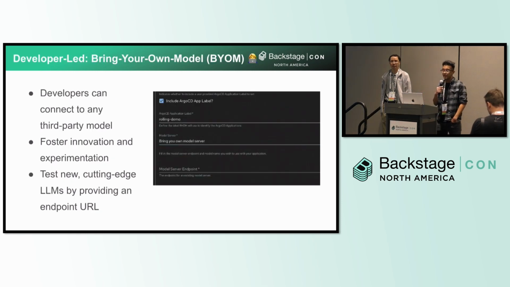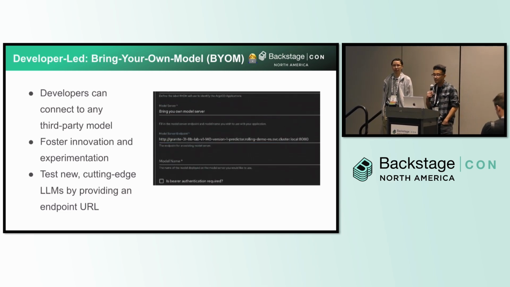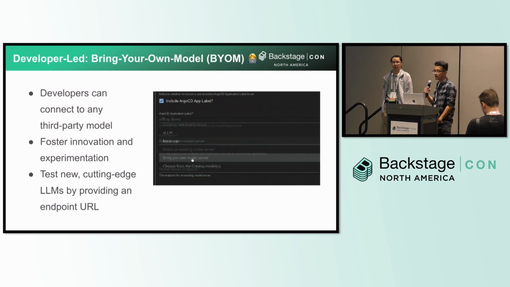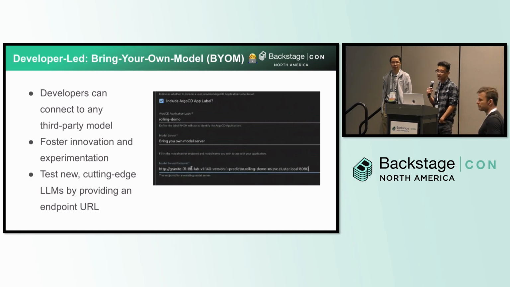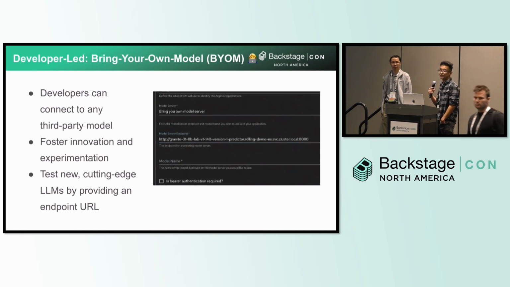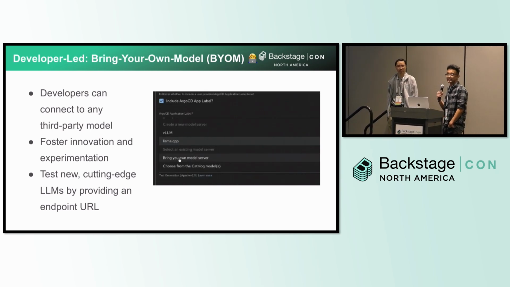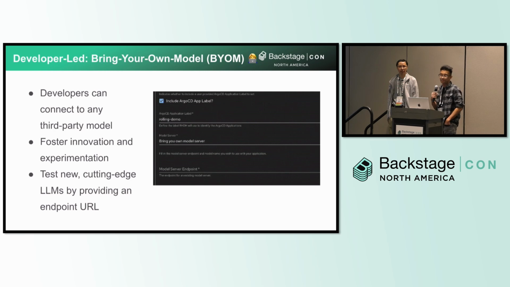where we ask the developers to bring their own models. In this software template strategy, you can see from the GIF that we say, hey, developers, why don't you provide your model server endpoint and the model that's deployed on it? In this way, the developer can integrate any third-party model that they wish, and it fosters innovation and experimentation.